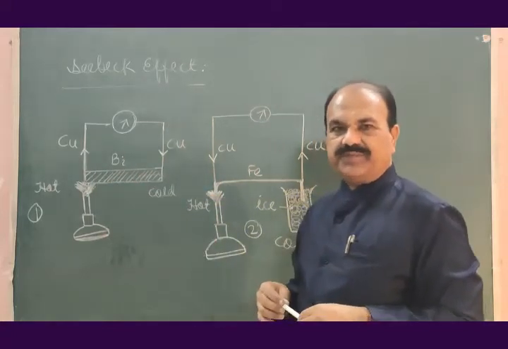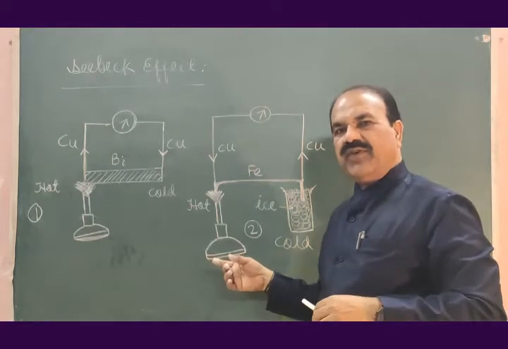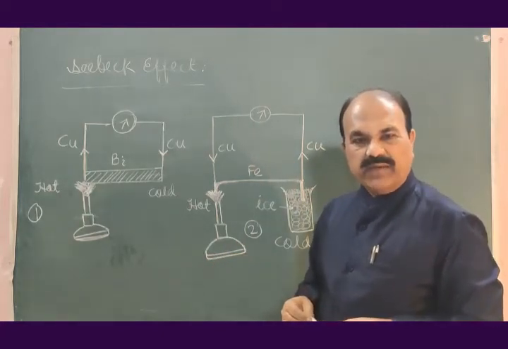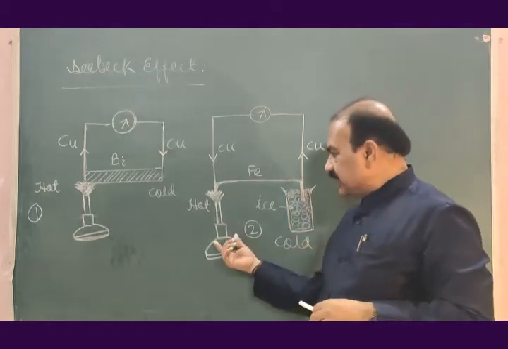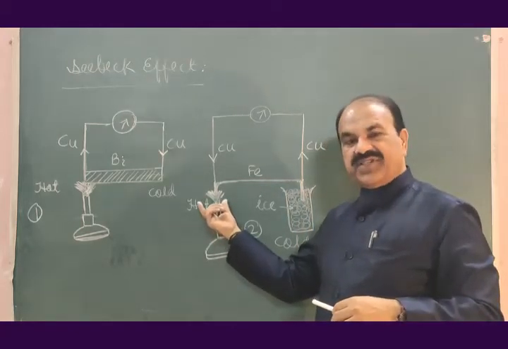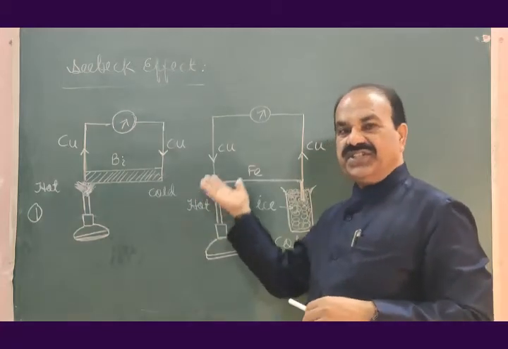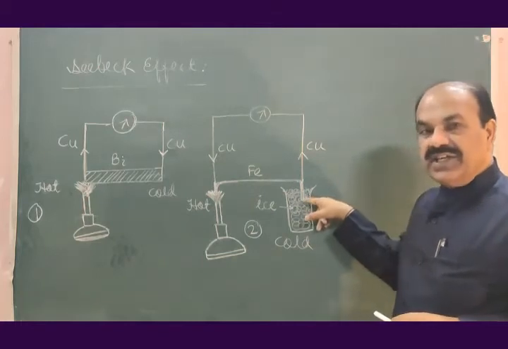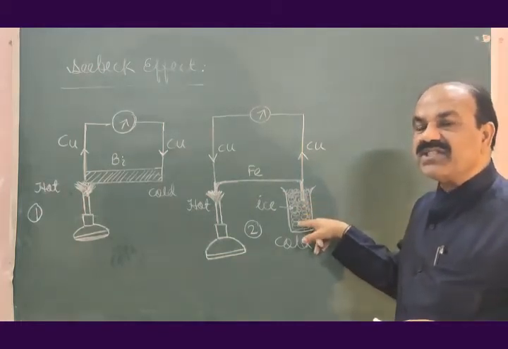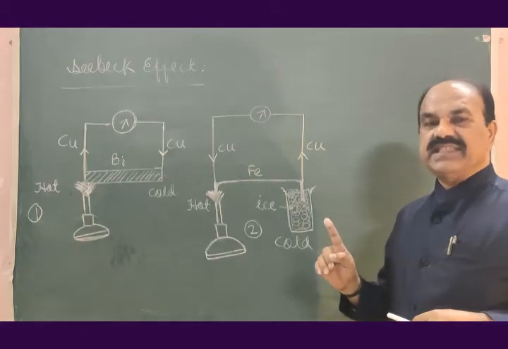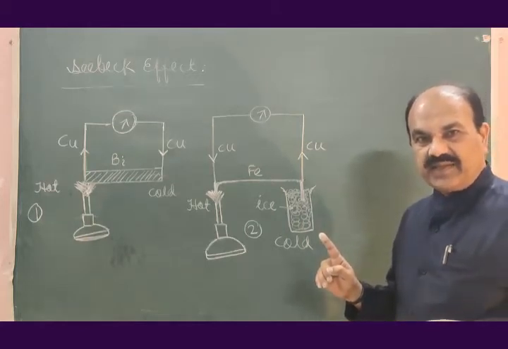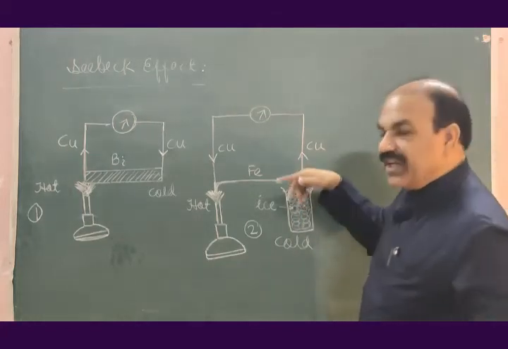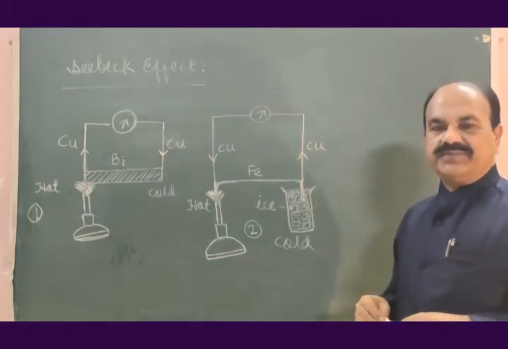When Seebeck performed the experiment with this iron and copper thermocouple, he found that as the temperature of the hot end is increased step by step, while the cold end is placed at 0 degrees Celsius, because this junction is immersed in ice inside the beaker.